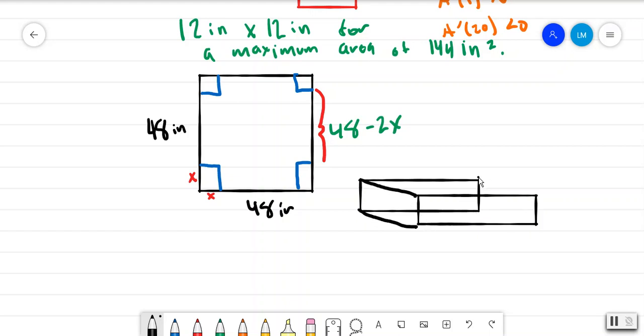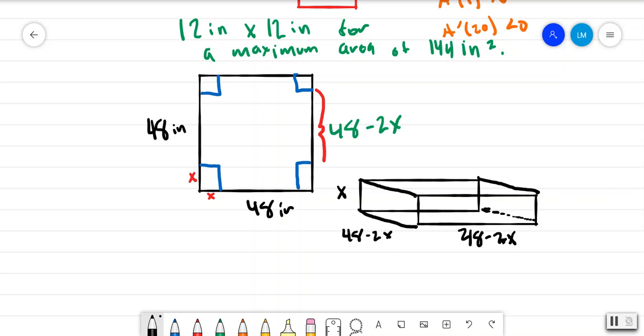Now consider this rectangular box. It's got an open top. So here we would have to say that this is going to be x. This is going to be 48 minus 2x, and that's 48 minus 2x.